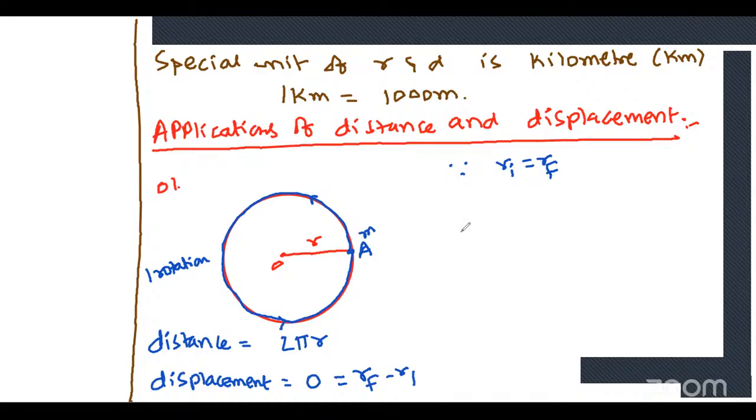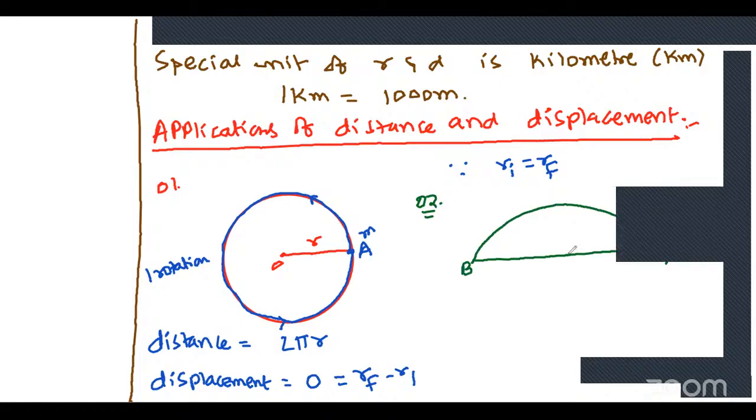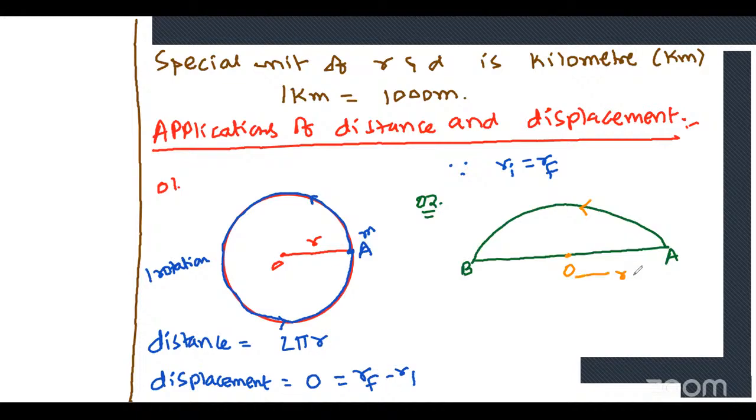Next, second one: let us consider a particle moving in the form of a semicircle, that is, the particle moves from A to B, such that O is the center. OA equals the radius and OB is also equal to the radius.